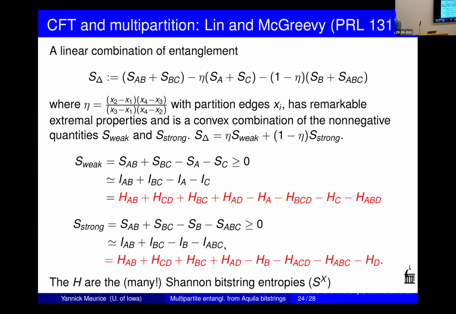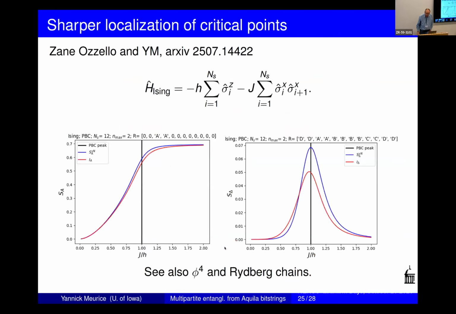But you will see that there are 8 of these Shannon pieces for the weak and the strong, and I thought it would never work, but it does. First, this is numerical, for the Ising model. This is a bipartite entanglement, and this is the multipartite entanglement, and it spots the transition in a very neat way.